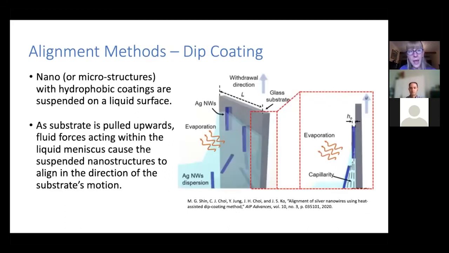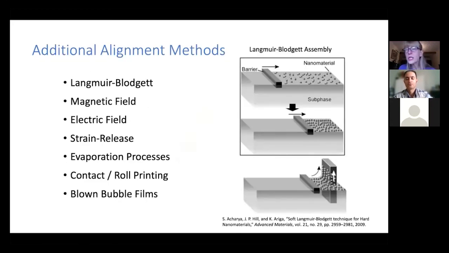And this dip coating method, there are hybrid methods, for example, with the Langmuir-Blodgett and dip coating, where you can treat the surfaces in such a way that you get pretty good alignment. But I would say that the limitation is you're not going to get kilometer length scales, not with a Langmuir-Blodgett.